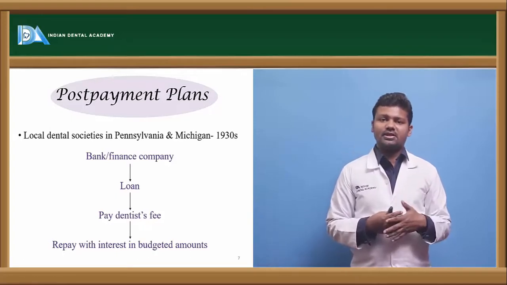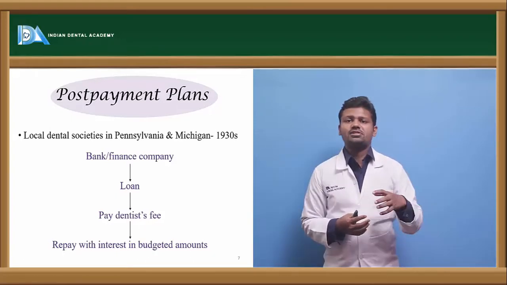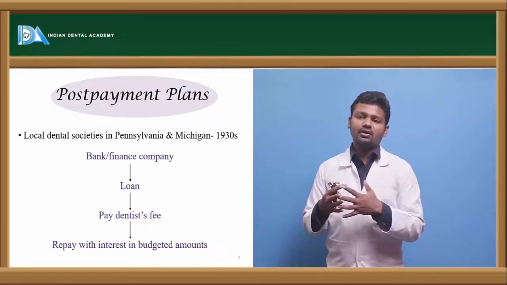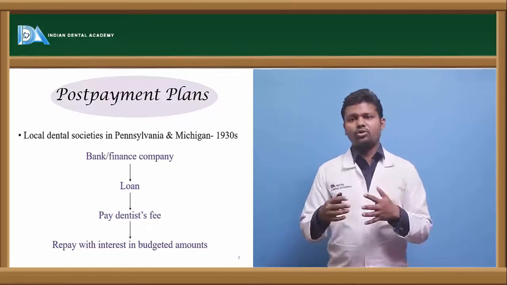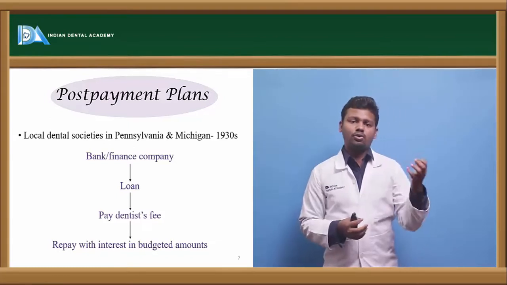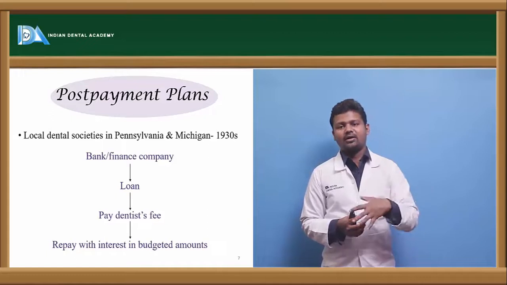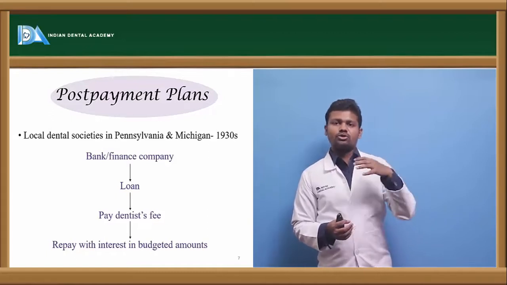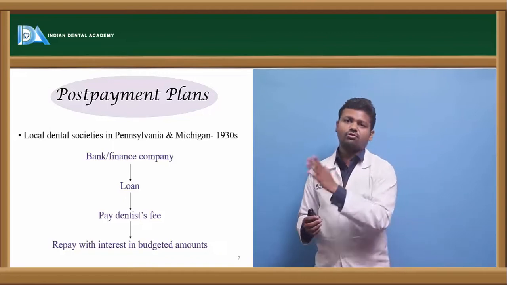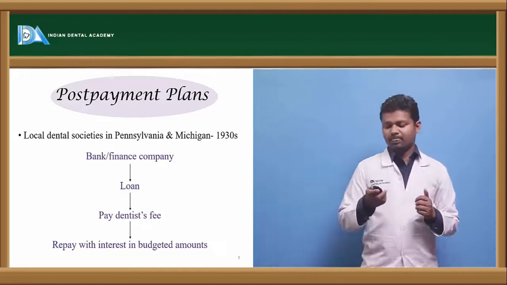A bank or a finance company will provide a loan to you. You get your treatment done, and then you repay the budgeted amount to the bank with interest. It's just like going to a bank to buy a car. You go to the showroom, you purchase, and then after some time you pay the bank in installments.